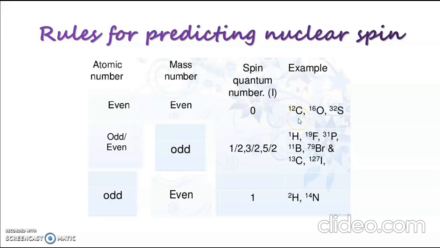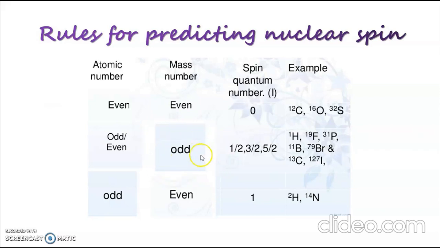Examples are carbon 12, oxygen 16, sulfur 32, which have even atomic number and mass number. For them, I will be 0, so there will be no nuclear spin states or energy levels, and this cannot give a resonance spectroscopy.